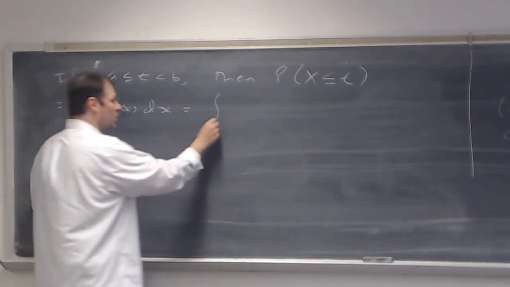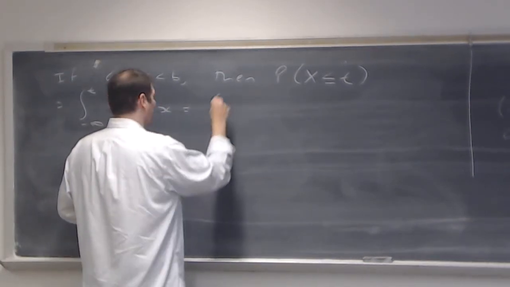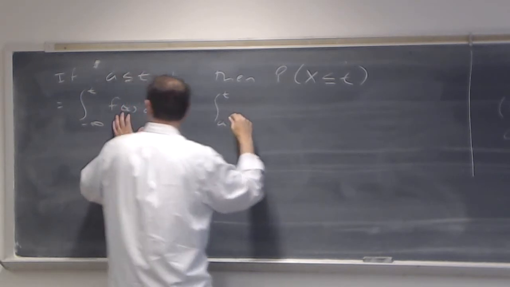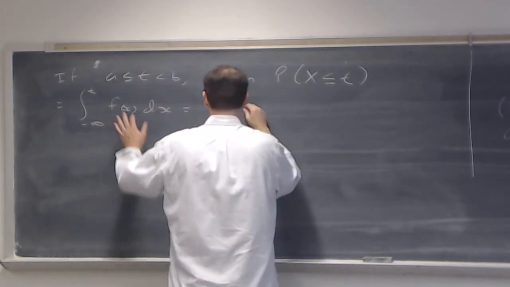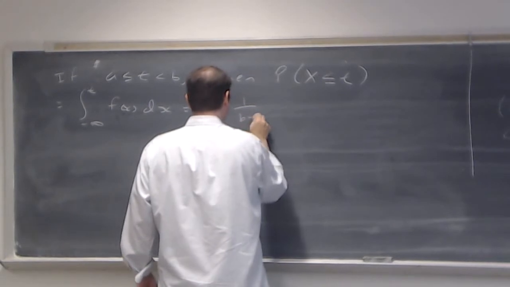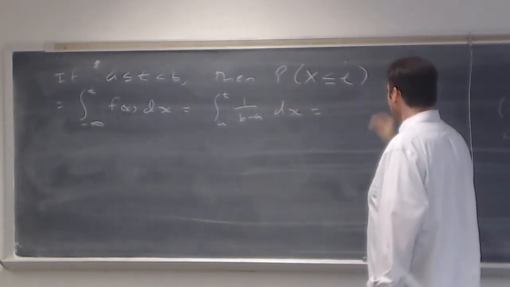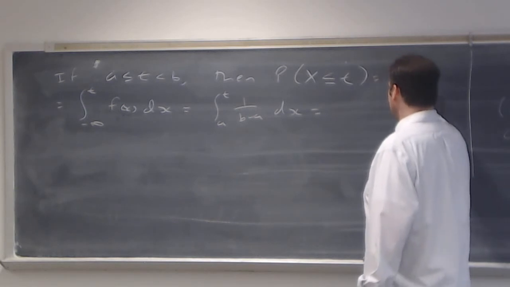And so we might as well start from a up to t. Here, the non-zero part of f of x is 1 over b minus a dx. I should write down something here. This is really F of t.